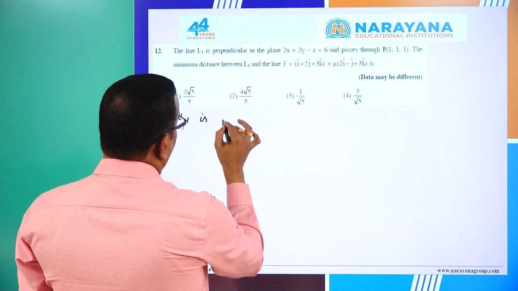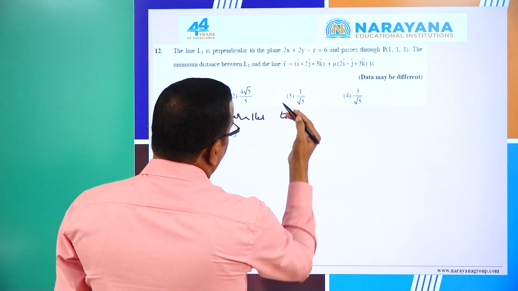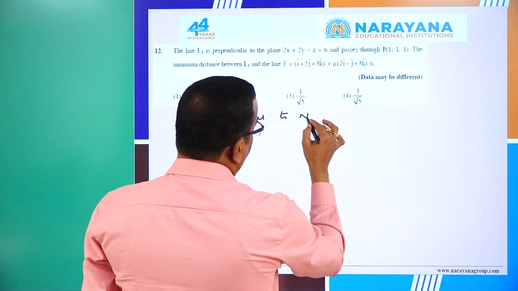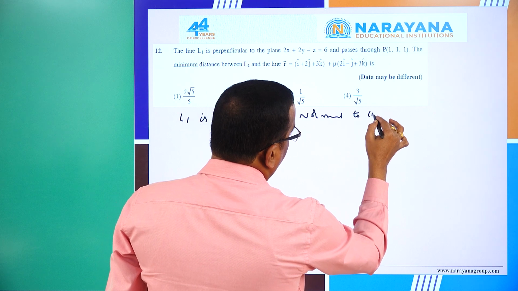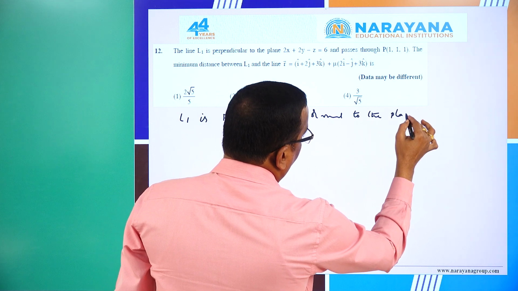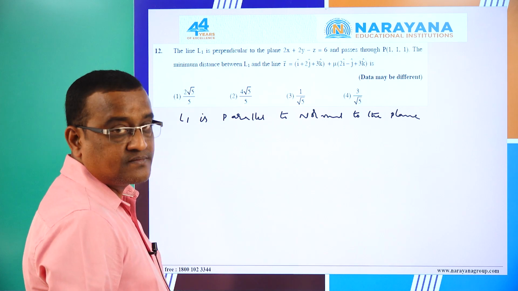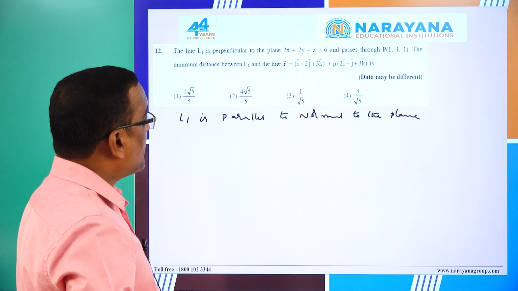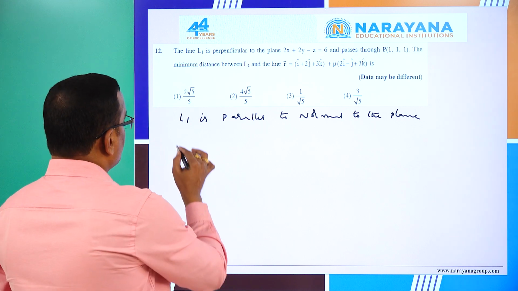L1 is parallel to the normal to the plane. Normal DRs are 2, 2, minus 1. That's why the parallel vector to the first line is 2, 2, minus 1.